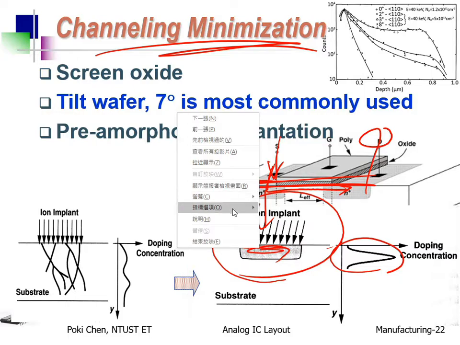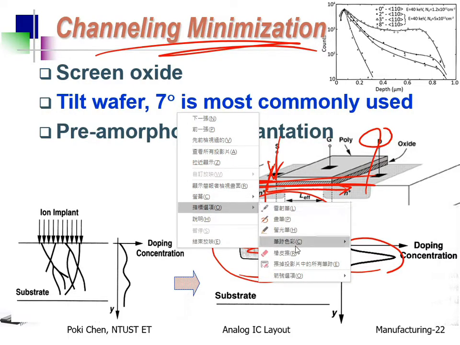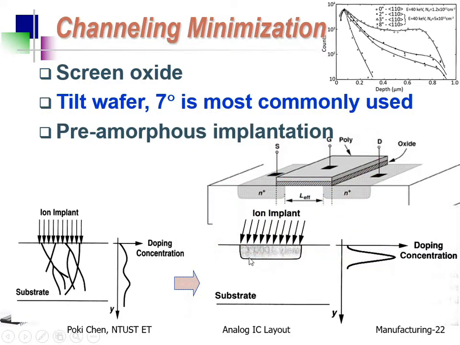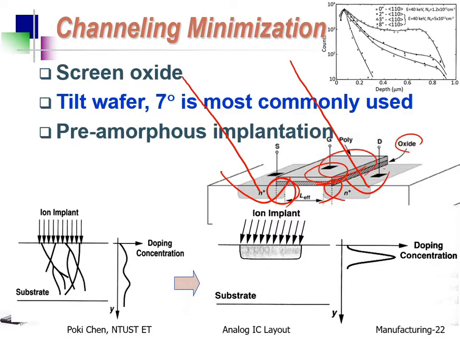It means that after you tilt your wafer, for example, with the implantation in this direction, you have more side diffusion here than there, because you have some thickness of silicon dioxide for your gate.